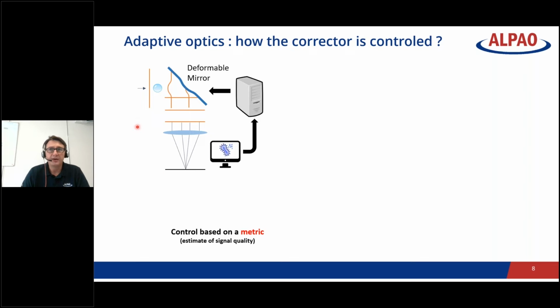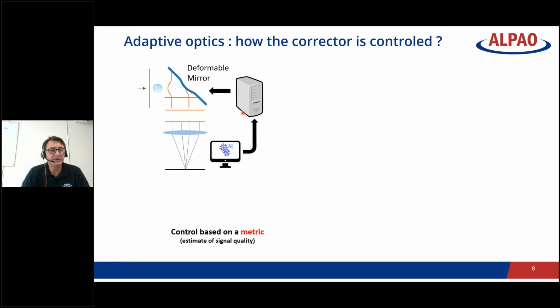Again, this is a very simple schematic of an adaptive optics system: you have your wavefront, your perturbation, your deformable mirror, and the camera where you want your image to be sharp. What you can do is just use a simple metric. It's a simple processing that you do on the image, for example, a contrast measurement or a brightness measurement on some region of your image.